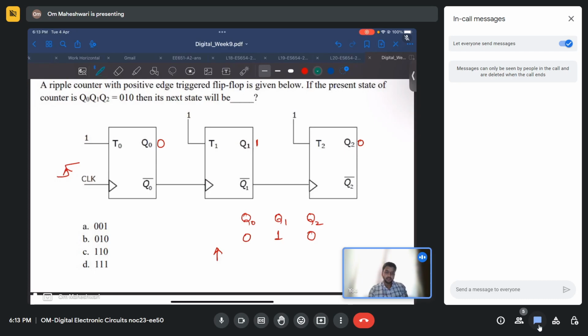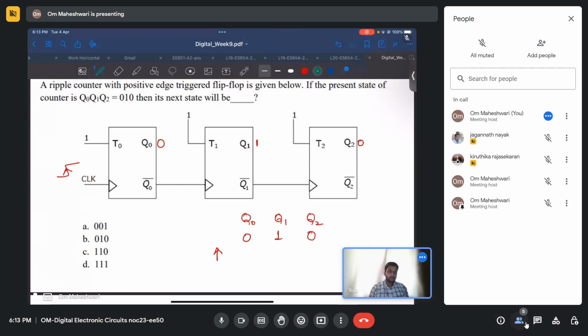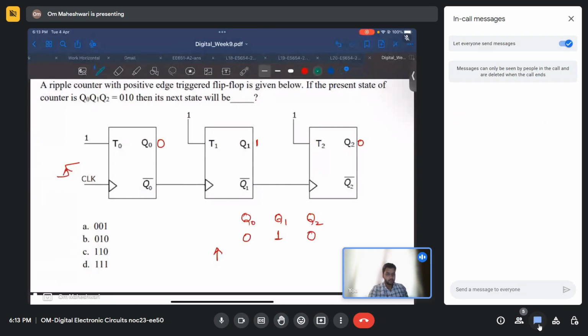Are you able to solve this? Let's do it together then.